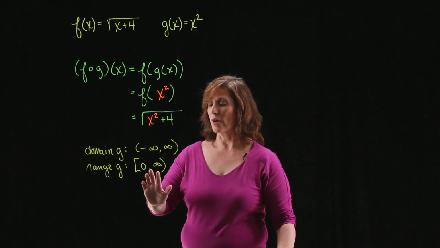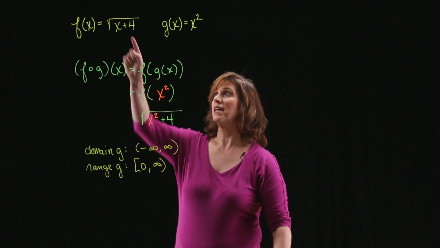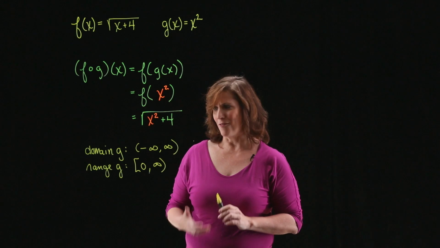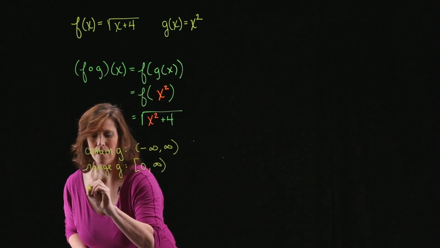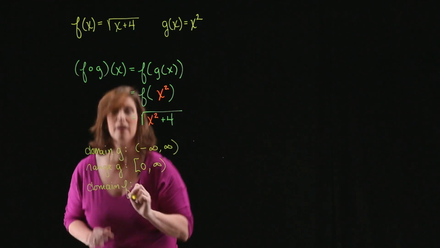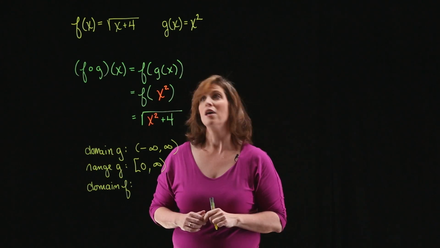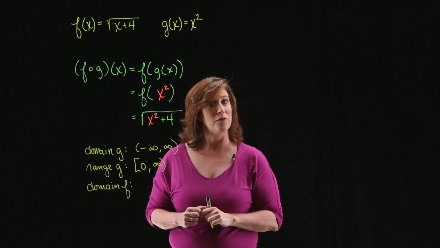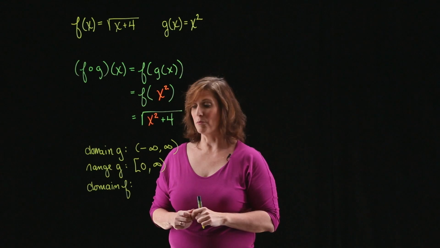Now I need to make sure that I can plug all of these values into my function f. So I want to know what's the domain of f. The domain of f is going to be all values greater than or equal to negative 4, because I'm not allowed to take the square root of a negative number and stay in the real number system.